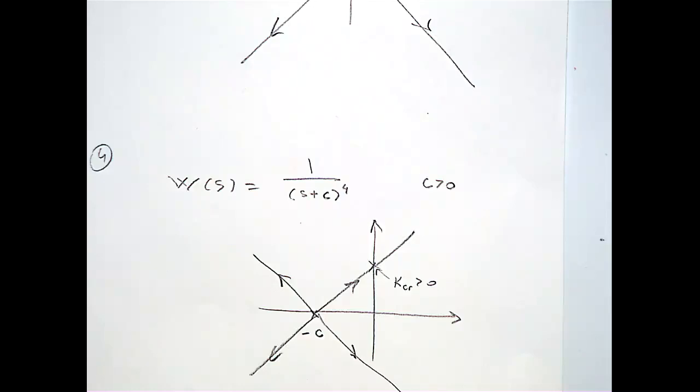So what happens between 0 and k critical? What can we say about overshoot? What can we say about rise time? What can we say about settling time? Settling time increases, yes.